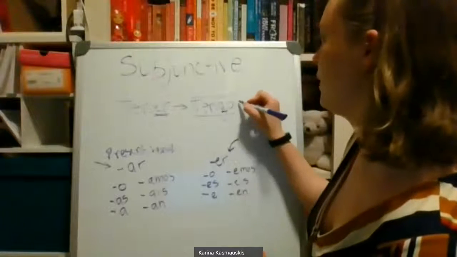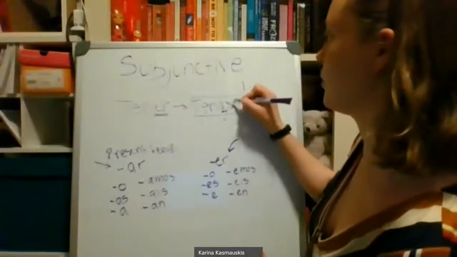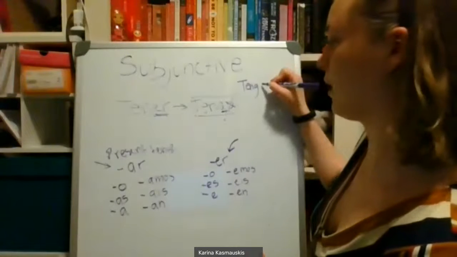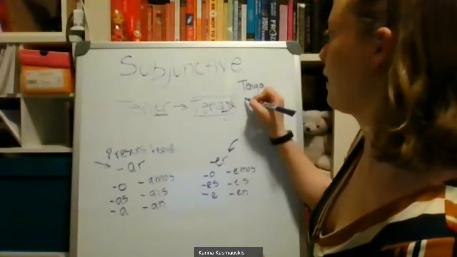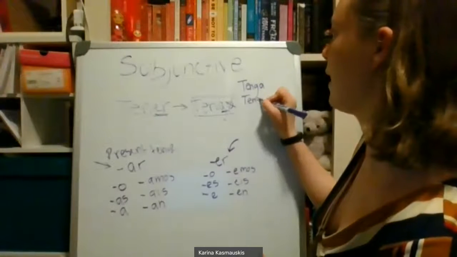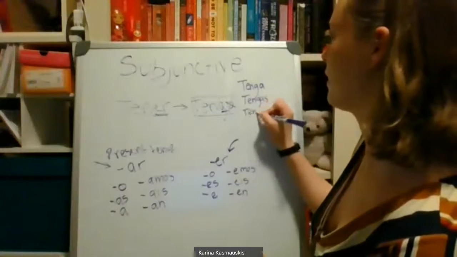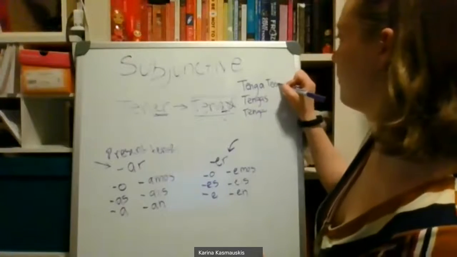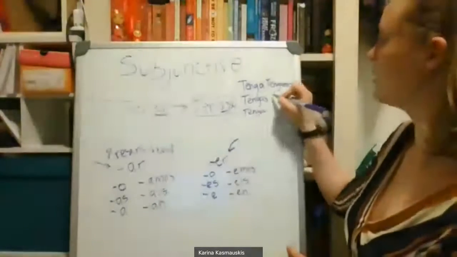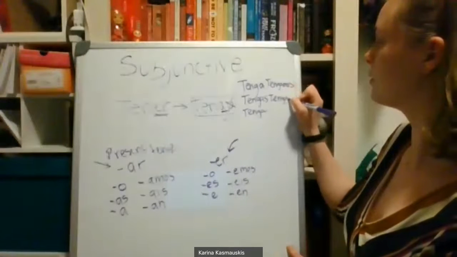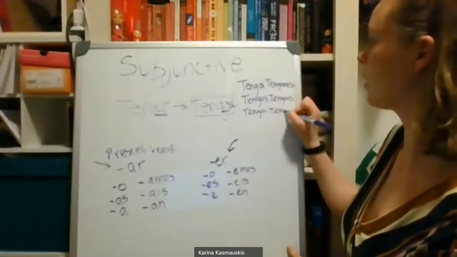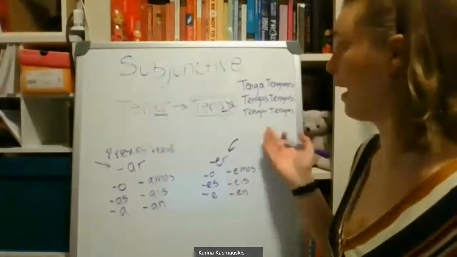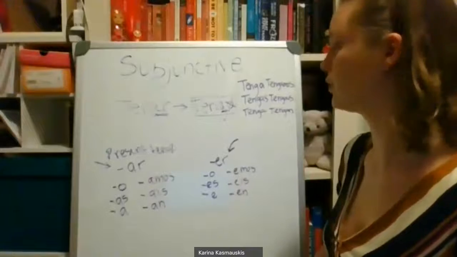So we take off the O, and so we have teng, and then we'll add on tenga, yo tenga, tú tengas, él tenga, nosotros tengamos, vosotros tengáis, ellos tengan. And that would be how you would conjugate into the subjunctive form.